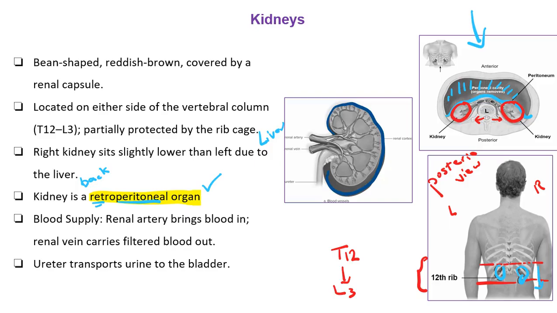As you can see in this picture, the kidney receives fresh blood from the renal artery and sends out deoxygenated blood through the renal vein. Another structure coming out of the kidney is the ureter, which transports urine from the kidney to the urinary bladder.